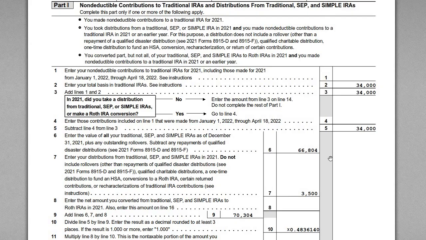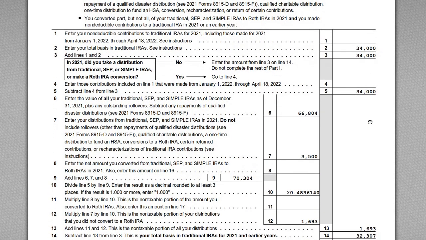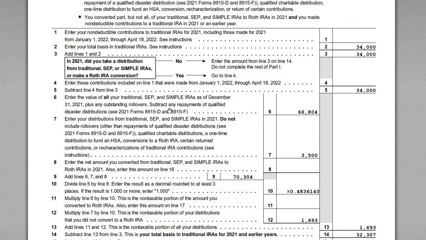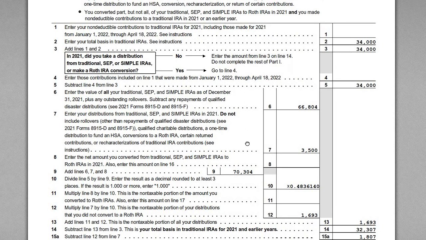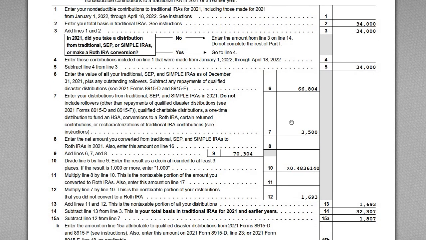So if we go back to the 8606, there's our total basis in the IRAs, $34,000, and then we enter the total value here, line 6, of the IRAs at December 31st, 2021. So what's the fair market value of that account? Then on line 7, we enter the amount of distributions from that traditional IRA. So there's the $3,500.